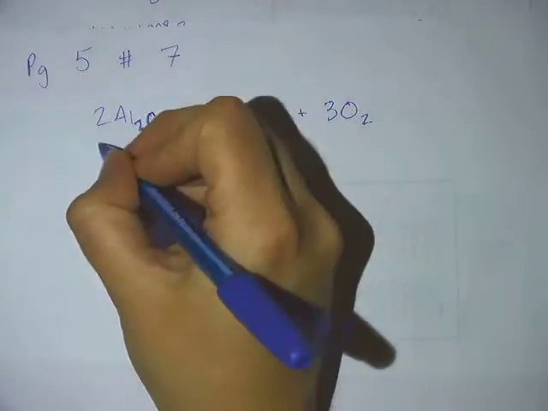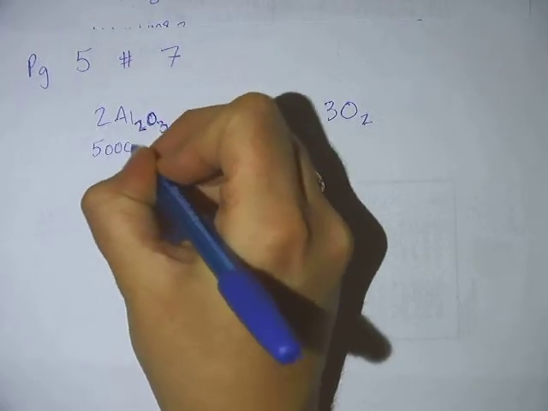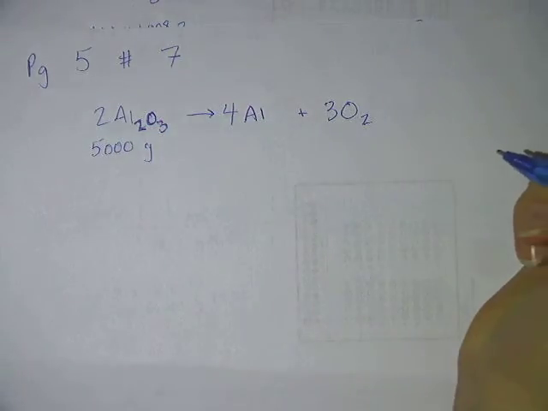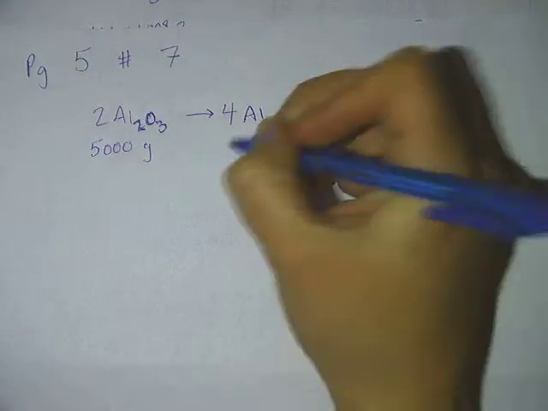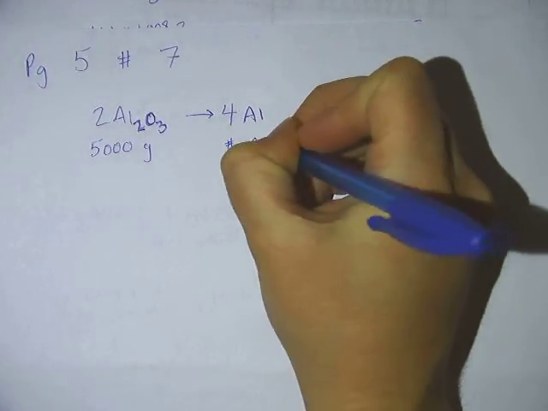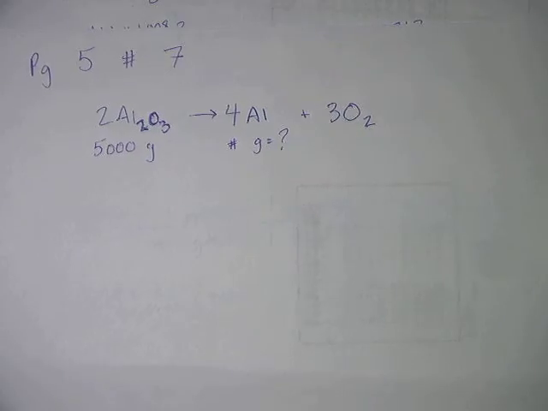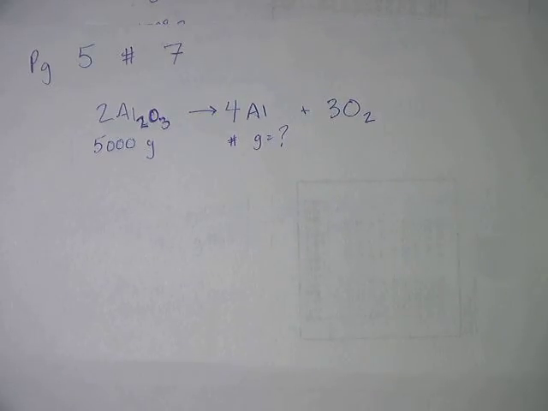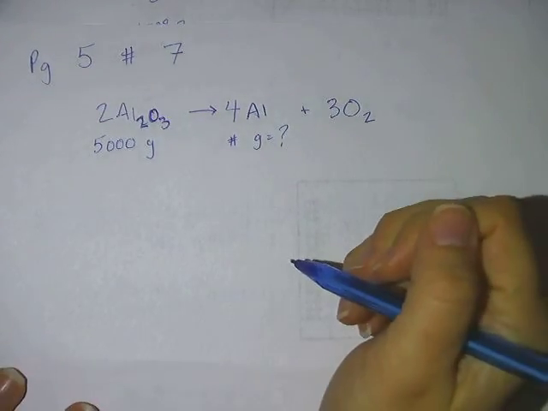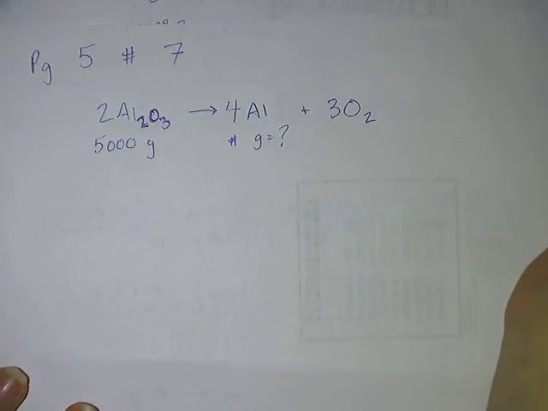They tell you there are 5,000 grams of aluminum oxide, and they want to know a mass of aluminum. So, where's our mole bridge going to start?